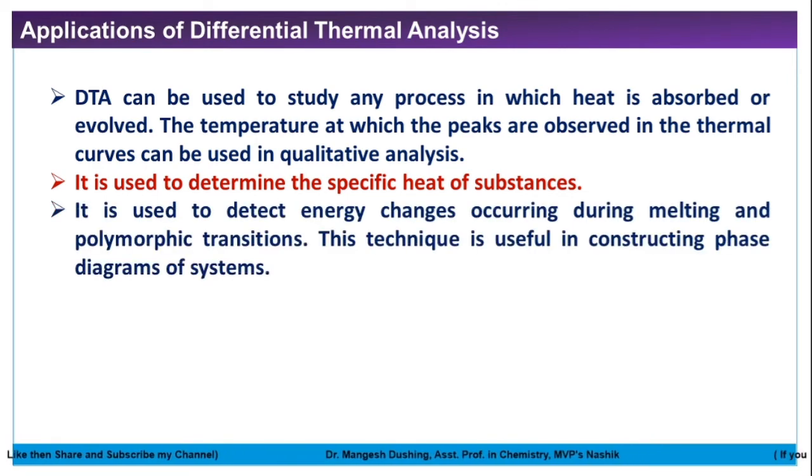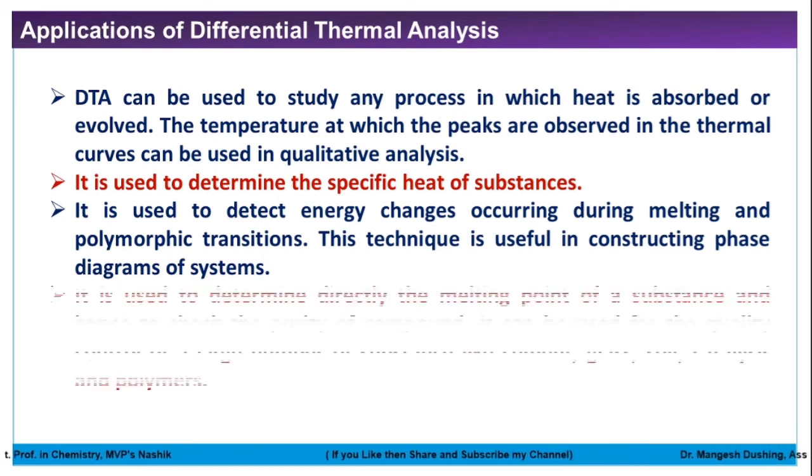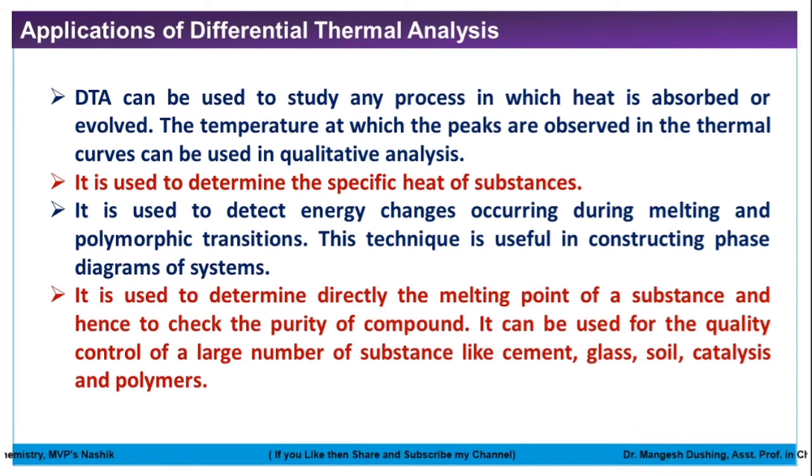It is used to detect energy changes occurring during melting and polymorphic transitions. So this technique is useful in constructing the phase diagram of the system. So for the particular sample, this technique can be used for the phase diagram. It is used to determine directly the melting point of the substance and hence to check the purity of the compound, because melting point is the characteristic property of the compound.